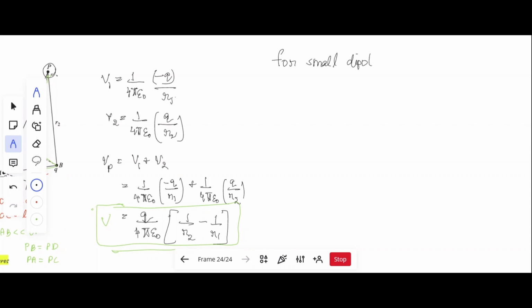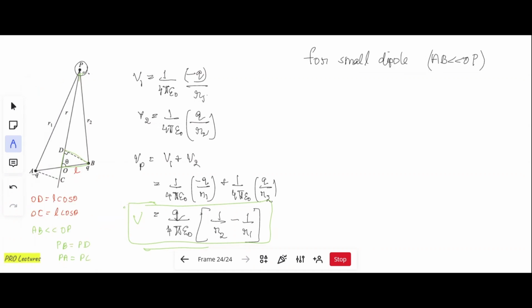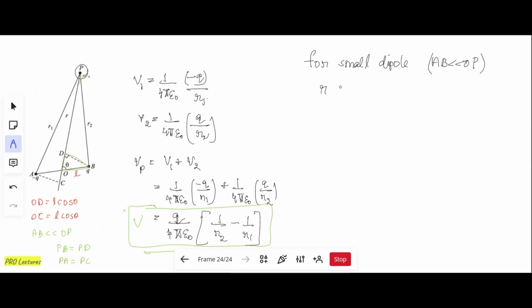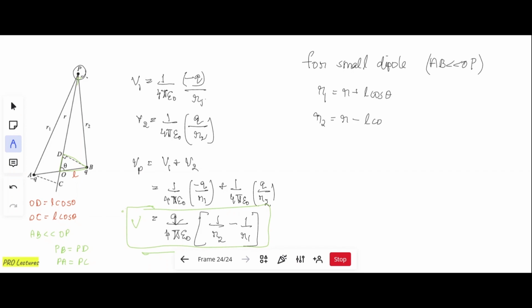For a small dipole where AB is less than OP, we can approximate this distance R1 and R2 as R1 equal to R plus L cos theta and R2 equal to R minus L cos theta.